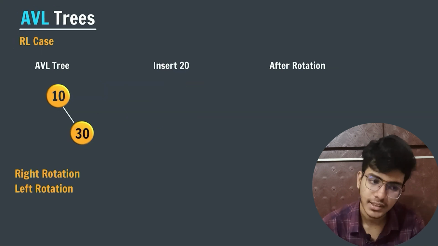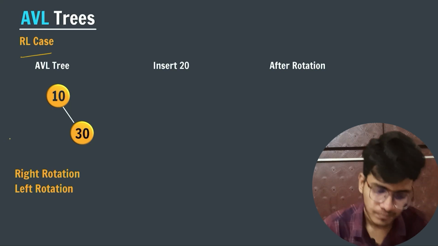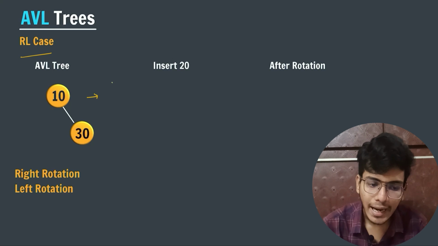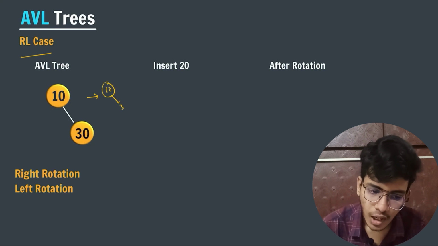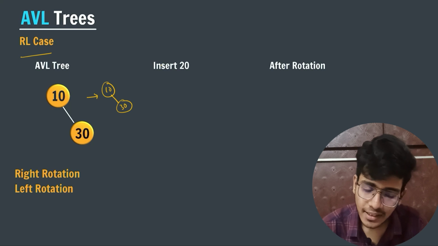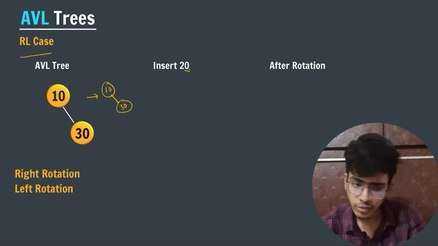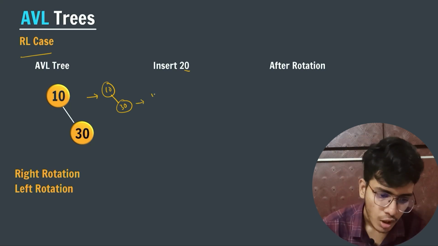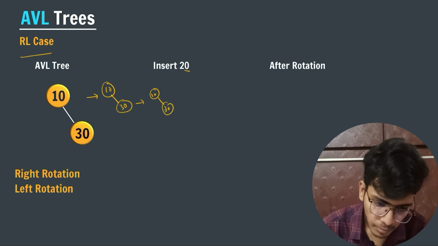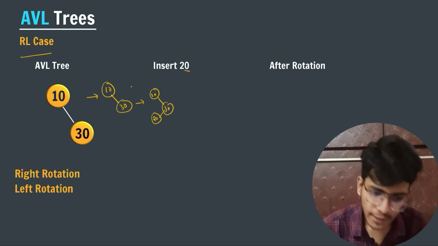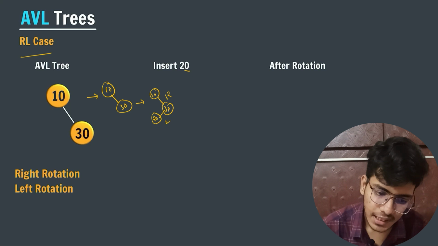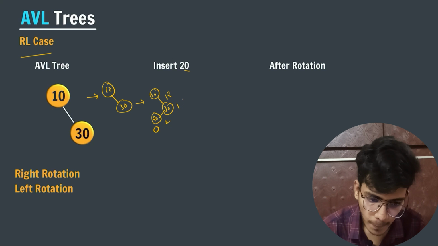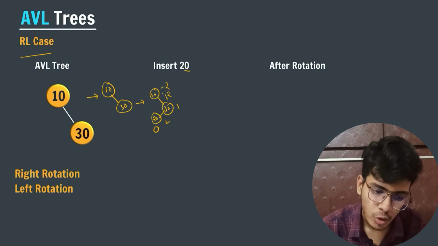Now let us talk about the last case, that is the RL case. In the RL case, let us say this is the AVL tree I am having, and I am inserting 20 after 10 and 30. You can see that 20 is greater than 10, so it will come on the right side. After that, 20 is less than 30, so my 20 will come on the left side. Here it is the right's left side, and if I calculate the balancing factor it is 0, 1 and minus 2.